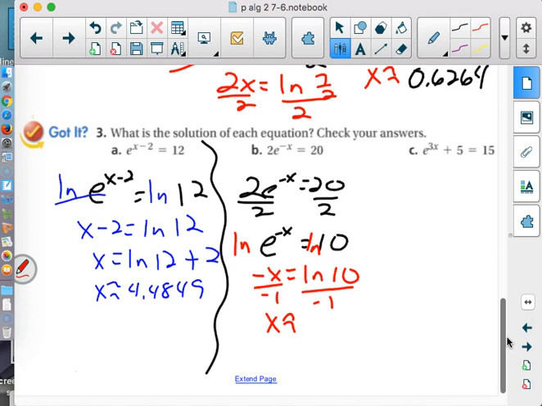Got it? 4 decimal places? Negative 2.3026.